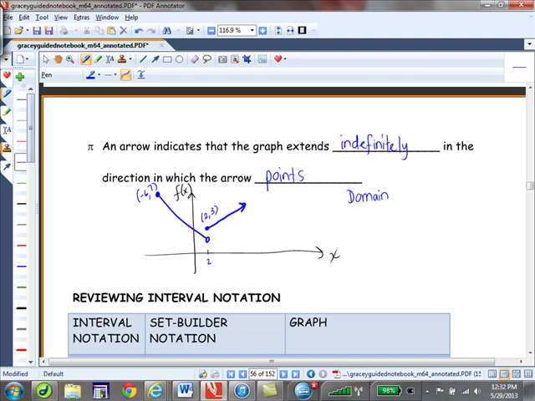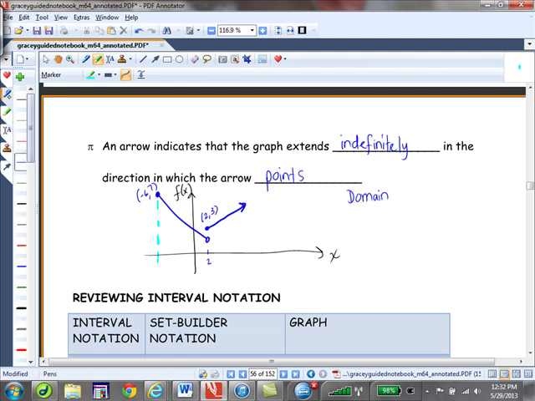If you look right to left, do you see that the graph starts here and it really continues through infinity?